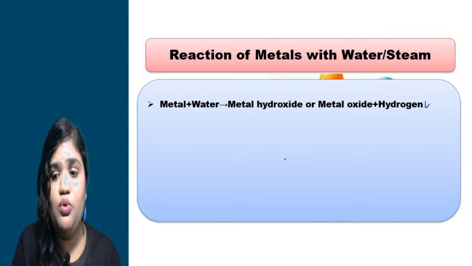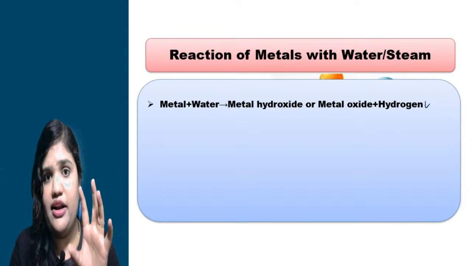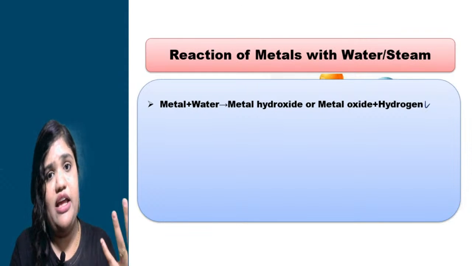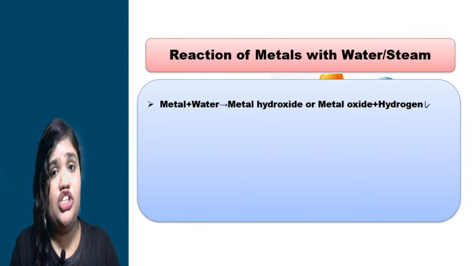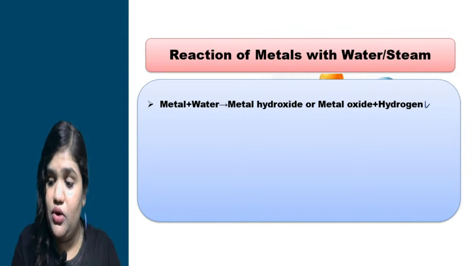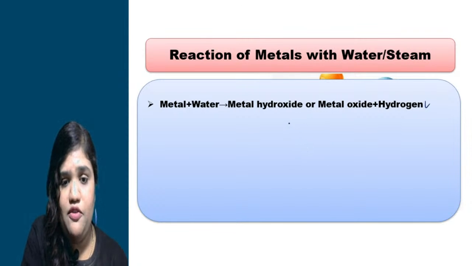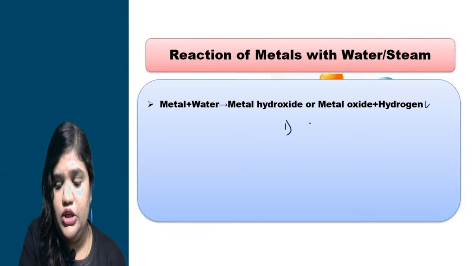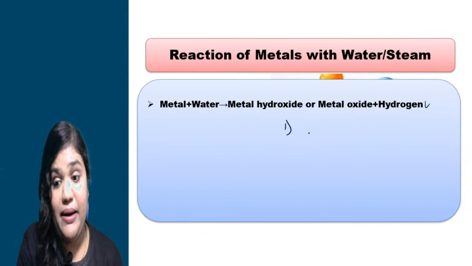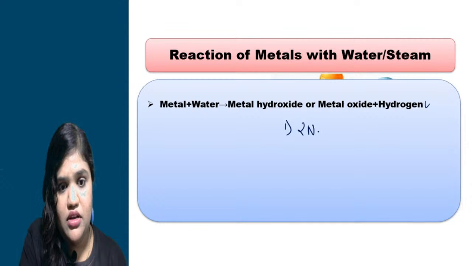I am going to give you both examples: first the reaction of metal with water, and second the reaction of metal with steam. So here is the first example, everybody. We are going to take the easiest metal, sodium: Na plus 2H2O.